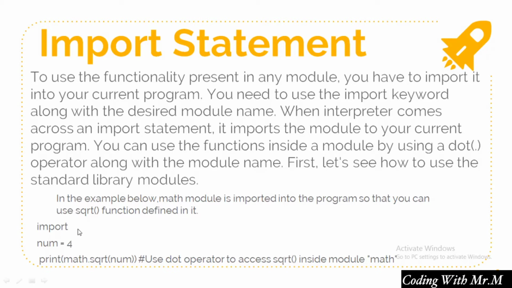Well, it is missing here, but assume that we have import math, and next we have a variable which is equal to 4, and now with this module, which is actually math, we are calling a function inside the math module, which is known as square root, and then in the function we are passing this variable, and that function will return the square root of this number 4. So we can use the dot operator to access the square root inside the module math.